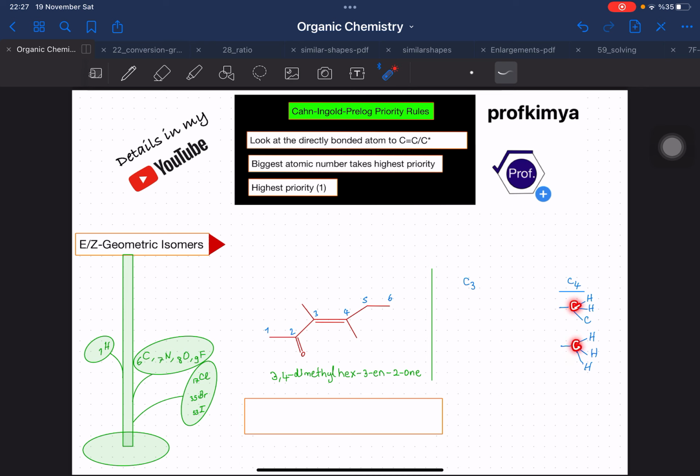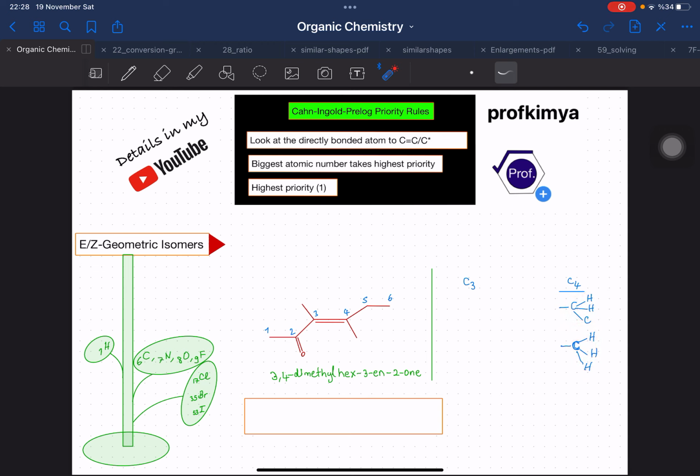As you can see, in ethyl, there are 2 hydrogen connected, 1 carbon atom connected to this carbon. But in methyl, there are 3 hydrogen atoms connected to this carbon atom.